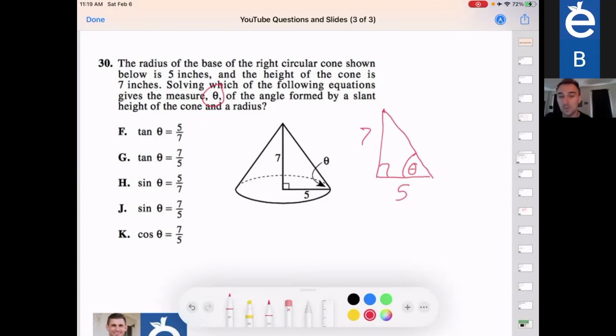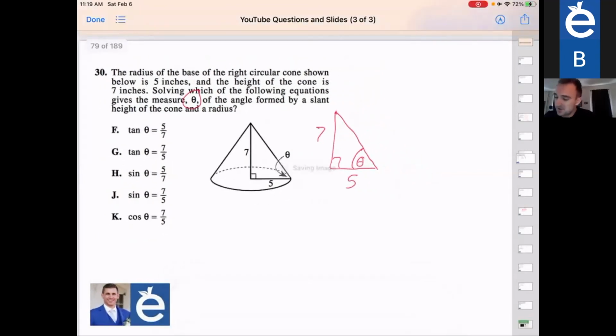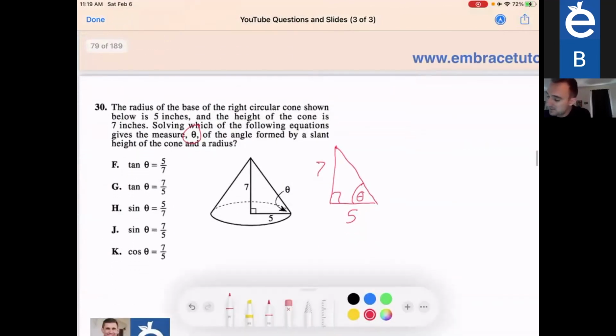What's an equation that we could use that would solve for or include theta here? So let's think about it. And we know that this whole section is titled SOHCAHTOA, right? So let me write out what we have here. So we know sine is equal to opposite over our hypotenuse.